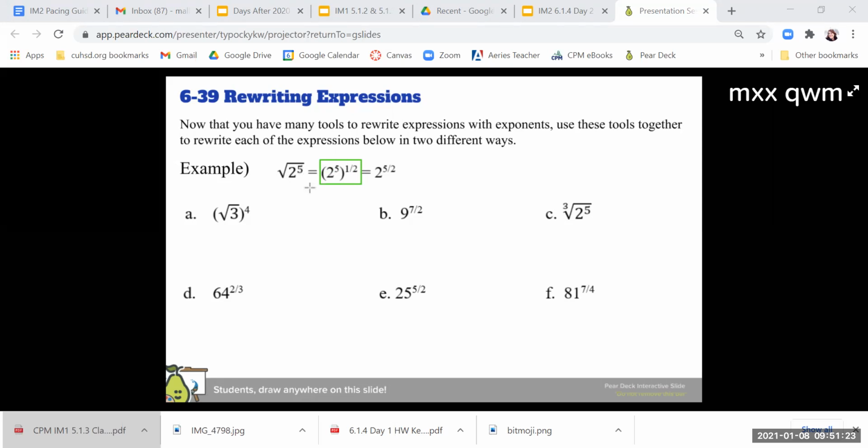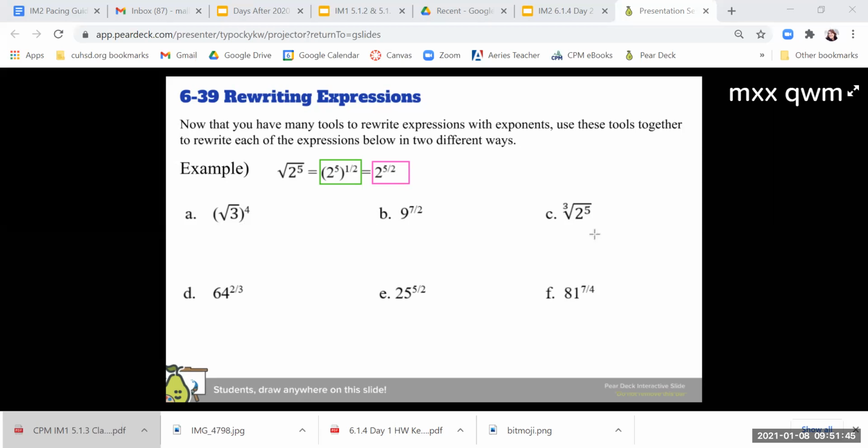And then it looks like what was used to go to the next expression was a power to a power exponent rule, where the exponents multiply. When we raise a power to another power, the exponents multiply. 5 times 1/2 is 5/2. So this is a new representation that is also equivalent.